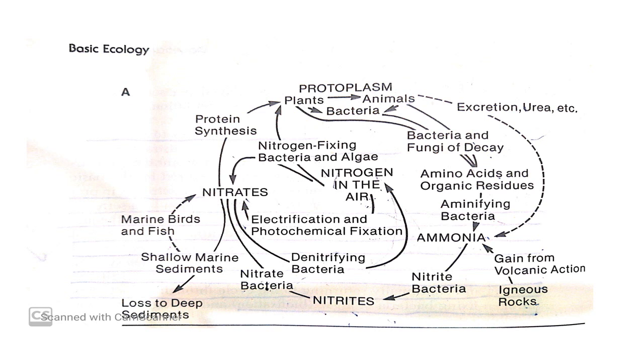On the other side, ammonia is released from the volcanic action of igneous rocks, and this ammonia enters the nitrogen cycle and is further acted upon by nitrite bacteria for conversion into nitrites, and then nitrate bacteria for conversion into nitrates. Nitrogen in the air is directly fixed photochemically or through electrification by lightning and thunder, and this nitrogen is converted into nitrates.